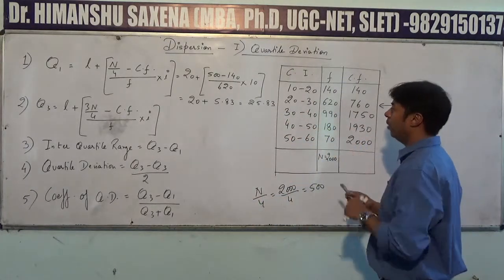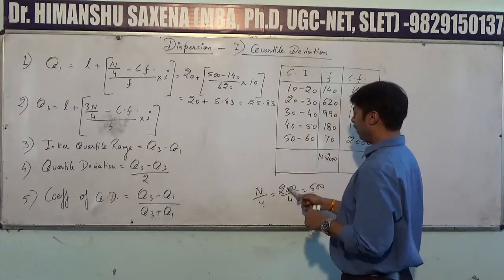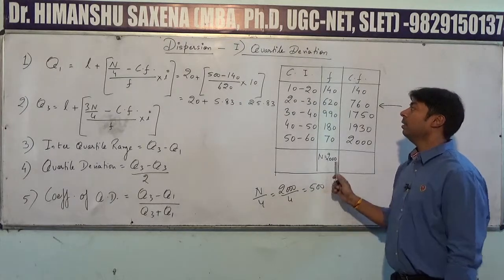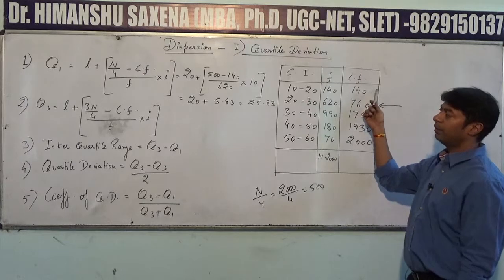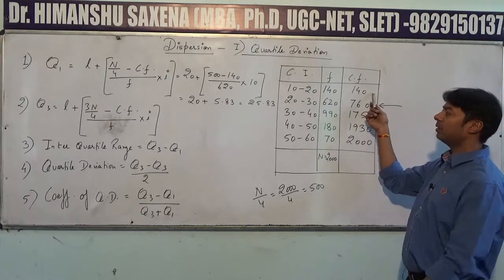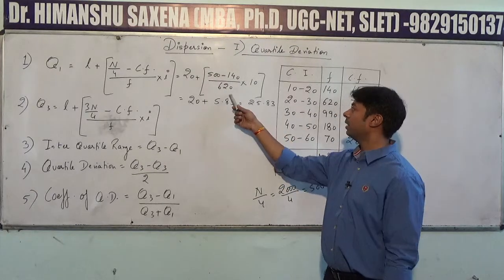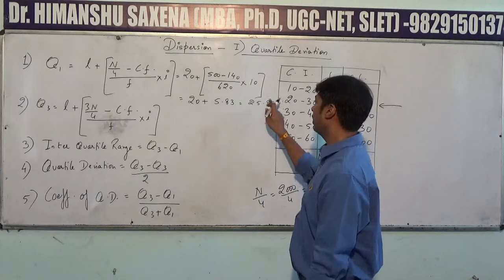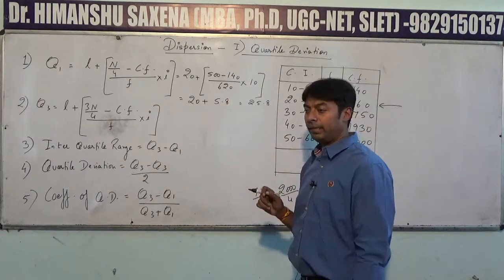How have we got it? Lower limit of this interval is 20. N by 4 came out to be 2000 upon 4, that is 500. 500 minus 140 is the cumulative frequency of the previous class interval, 620 is the frequency of this interval and 10 is the class interval. So that will be approximately 25.8.